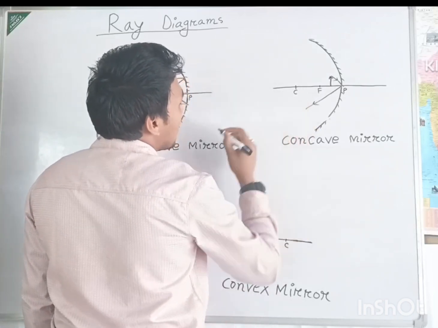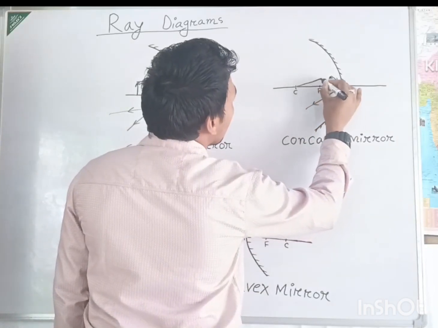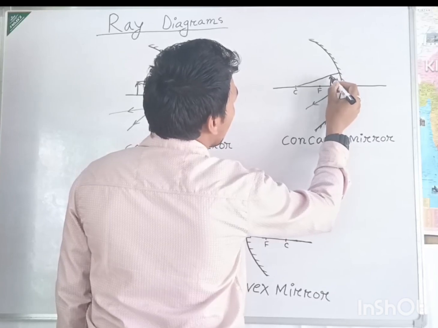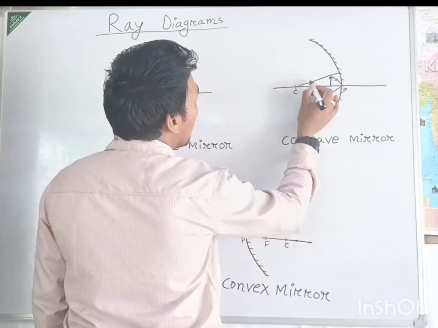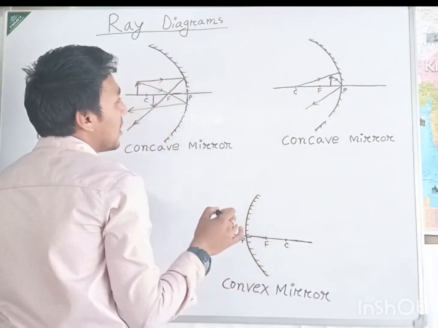Now the second rule I'll use is to pass a ray from the curvature touching this point. This is the top point of this object, so touch this point and make one line, or ray, that you have passed from the curvature.